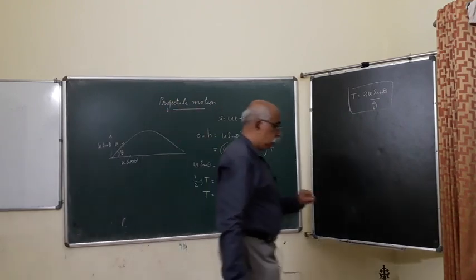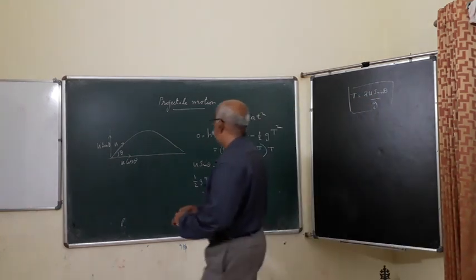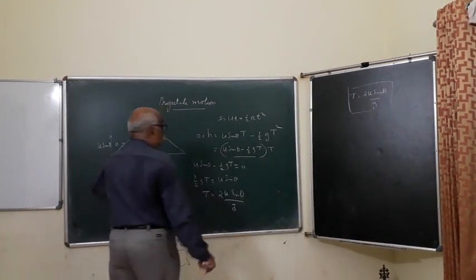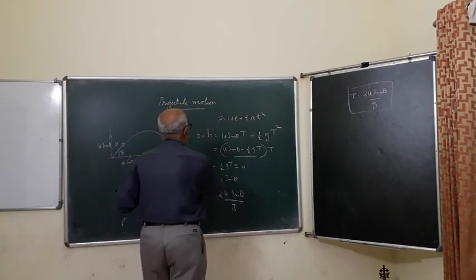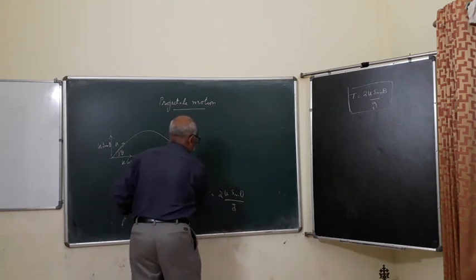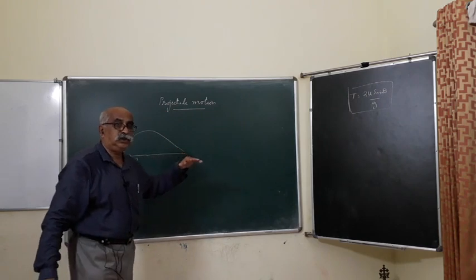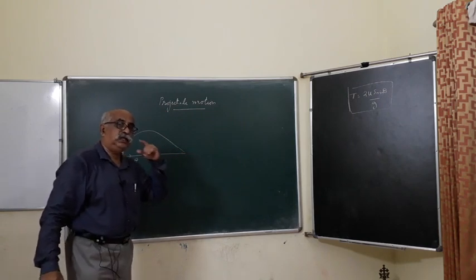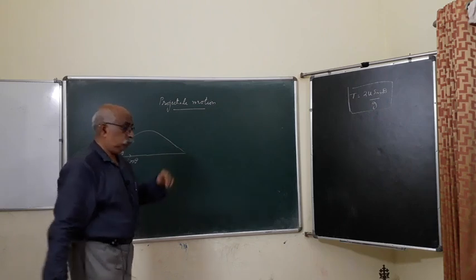Now let us consider the range, the distance traveled along the horizontal plane during this time interval. Since the horizontal component of the velocity is not experiencing any acceleration, it remains the same.